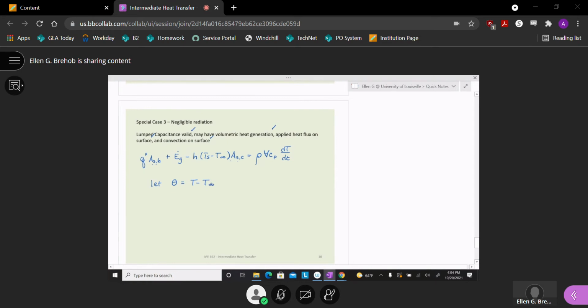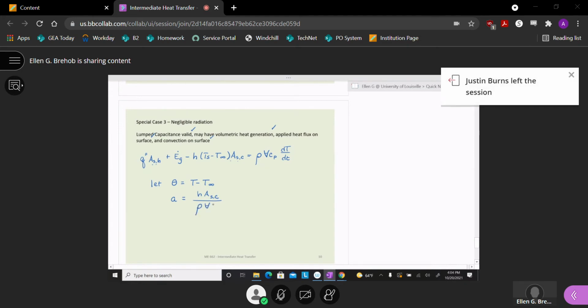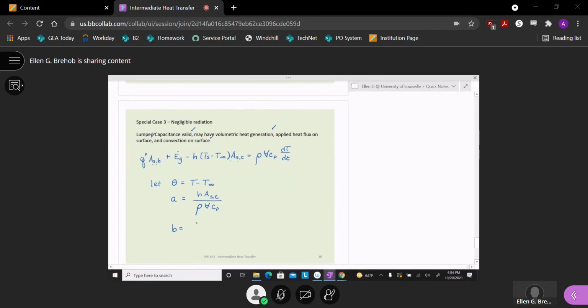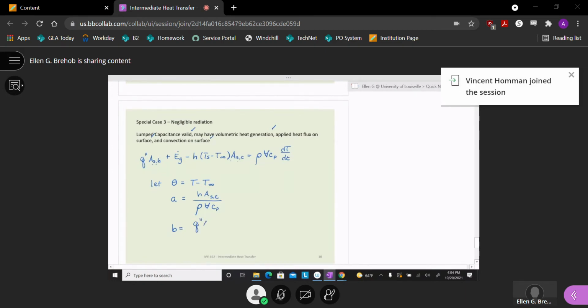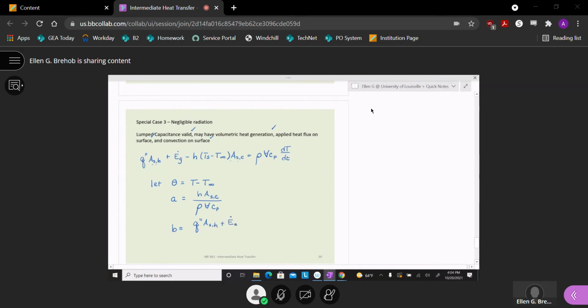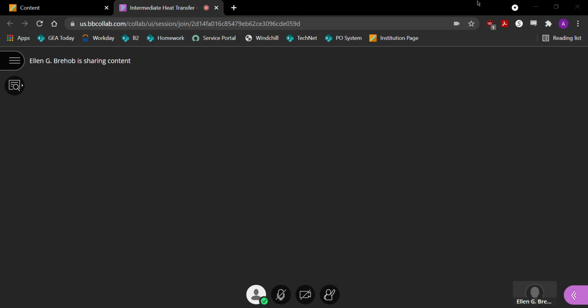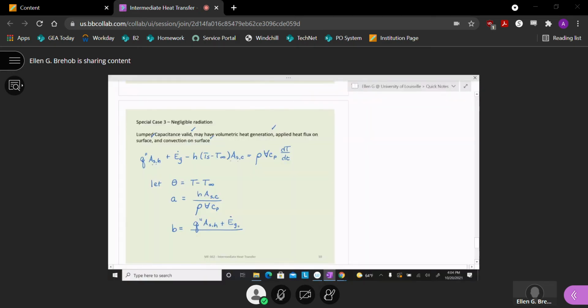We've done that one for a bit. And then A is going to be the heat transfer coefficient and the surface over which we have convection occurring, divided by rho V C sub P. And B is heat flux and the area over which that heat flux is applied, plus heat generation occurring within this system.